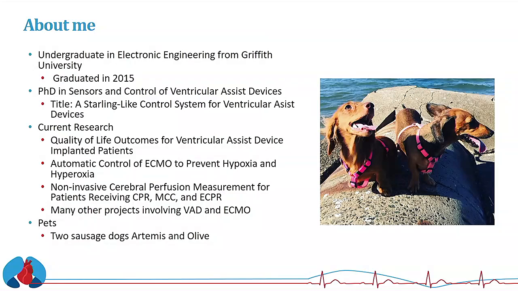I'm looking at automatic control of ECMO and VADs. We're looking at improved monitoring of patients receiving CPR to try and make sure that they have good neurological outcomes. They don't come back with brain damage, and also many other projects involving VAD and ECMO. And I have two dogs called Artemis and Olive, sausage dogs.